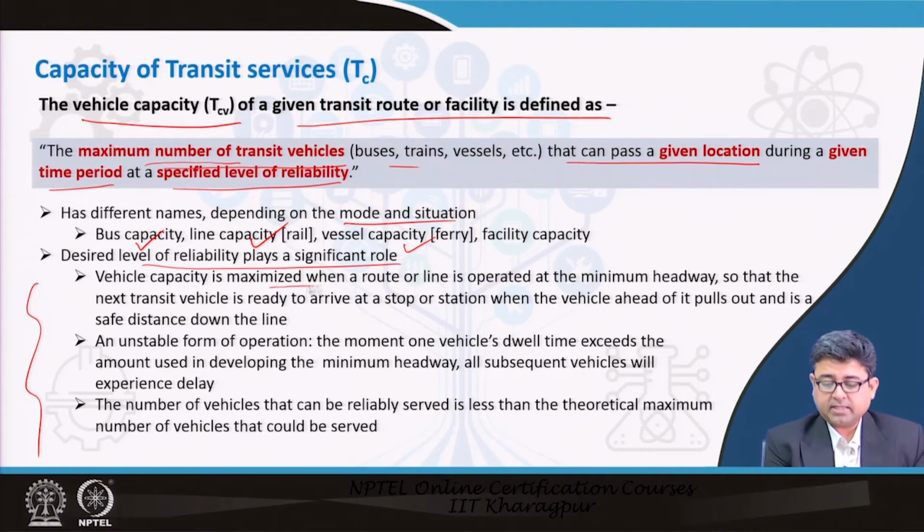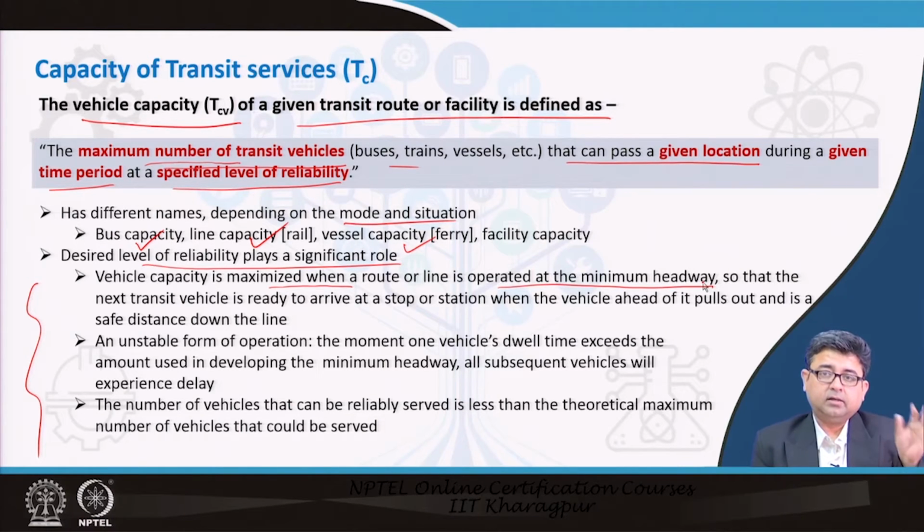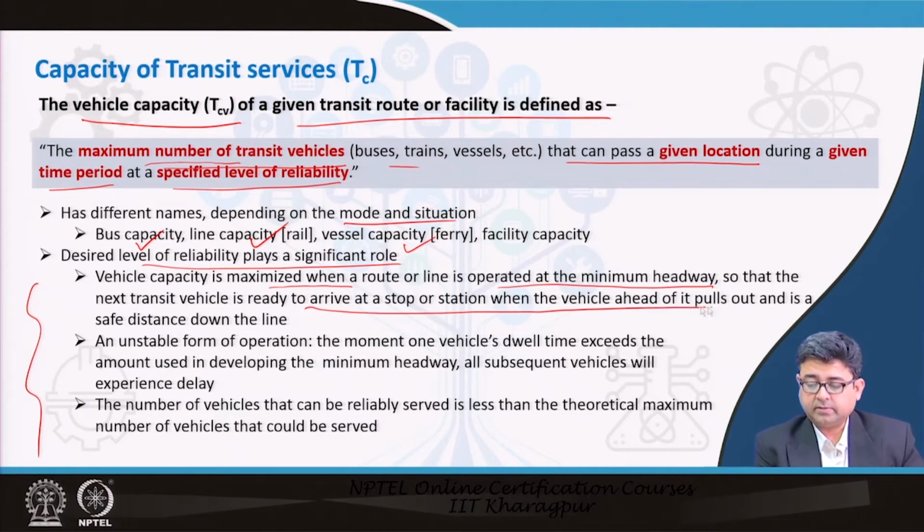Vehicle capacity is maximized when a route or a line is operated at the minimum headway. Headway means the time that one bus arrives, for example, and the time that the next bus arrives at the same point. So, that is the headway between two consecutive buses. If that headway is minimum, that is when the vehicle capacity can be maximized, so that the next transit vehicle is ready to arrive at a stop when the vehicle pulls out of that bus stop.